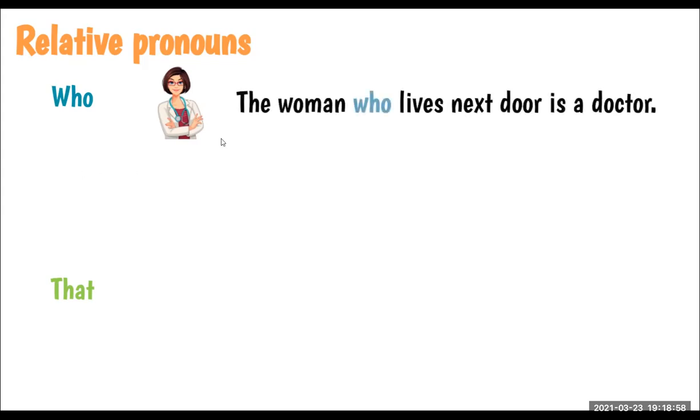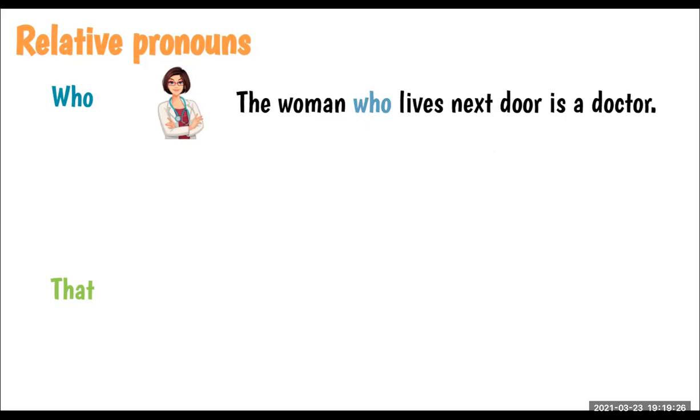Okay, for example, the woman who lives next door is a doctor. Something that you have to be very careful with is the verb. Okay, if you are talking about only one person, the verb after the relative pronoun needs to be for the third person. But if you are talking here about more than one person, the verb is the normal verb.